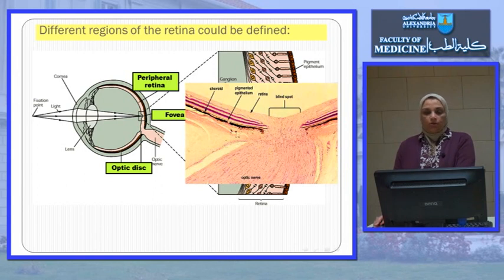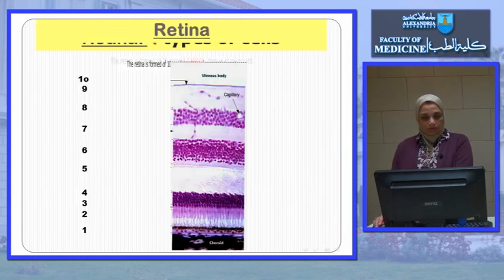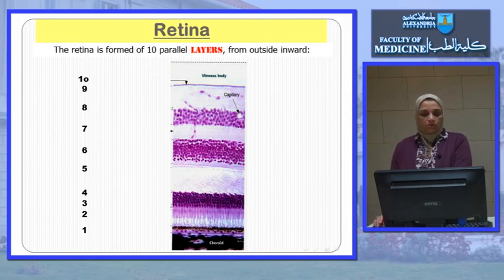The retina is composed of two main parts. An outer part, the pigmented part. This is the retinal pigmented epithelial layer, the non-photosensitive retina.